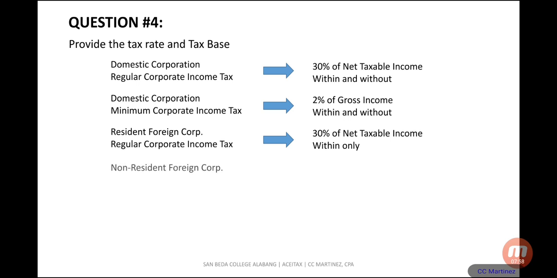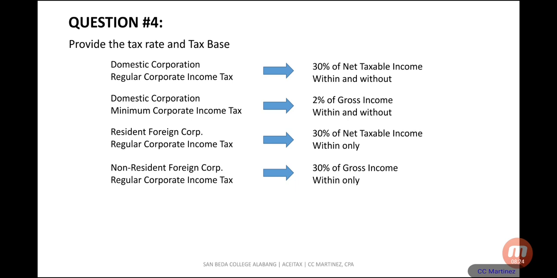Next, non-resident foreign corp, regular corporate income tax. So, since regular corporate income tax, ang tax rate natin dyan ay 30%. Pero anong tax base? Since non-resident foreign corp siya, 30% of gross income. So, since foreign corp siya, taxable lang siya within the Philippines.